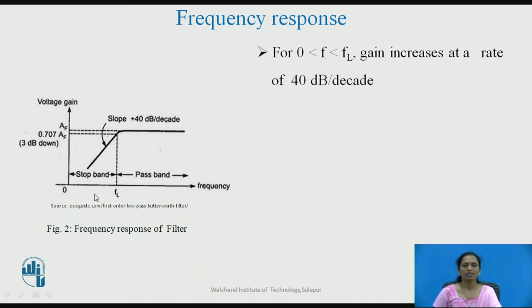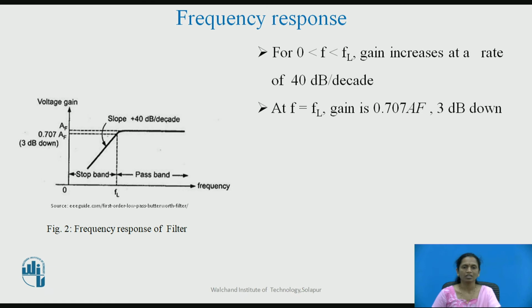There is attenuation in the frequency at the rate of 40 dB per decade, and you can observe the slope of this line is increasing. So it is plus 40 dB per decade, and that is possible only with the additional resistor and capacitor inserted at the non-inverting input of the op-amp.